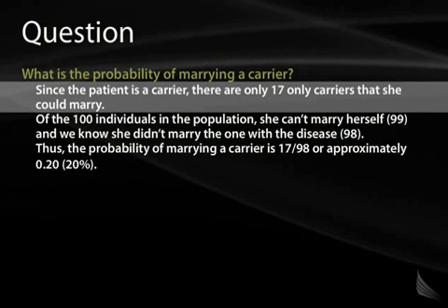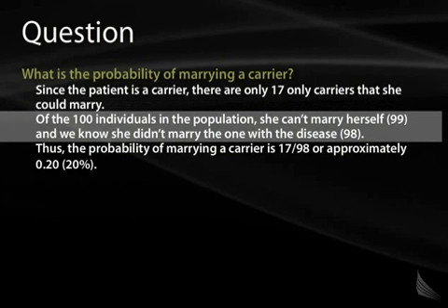Now, our numerator is going to be 17. Now, total population, is there anybody that we can get rid of? There's 100 individuals in the population. We know that the person she's going to marry can't be her, so that gets rid of 1. And we know that the person she's going to marry can't be the person with the disease, because that's not what the question is asking. She has to be marrying a carrier, so we can get rid of that possibility.